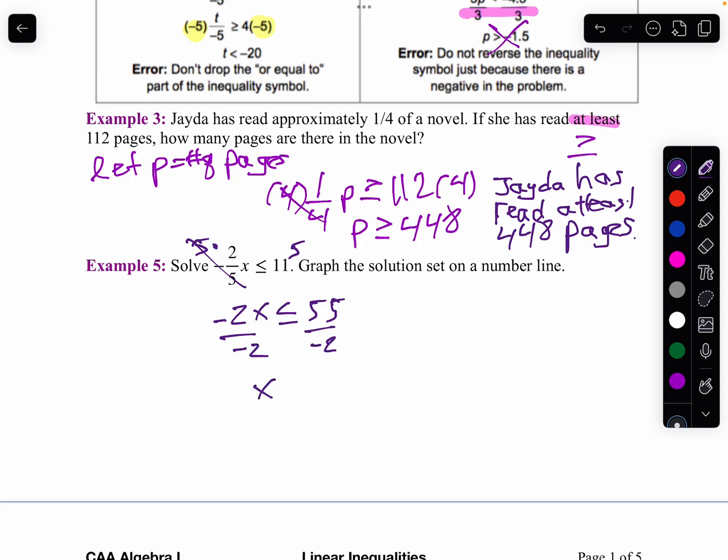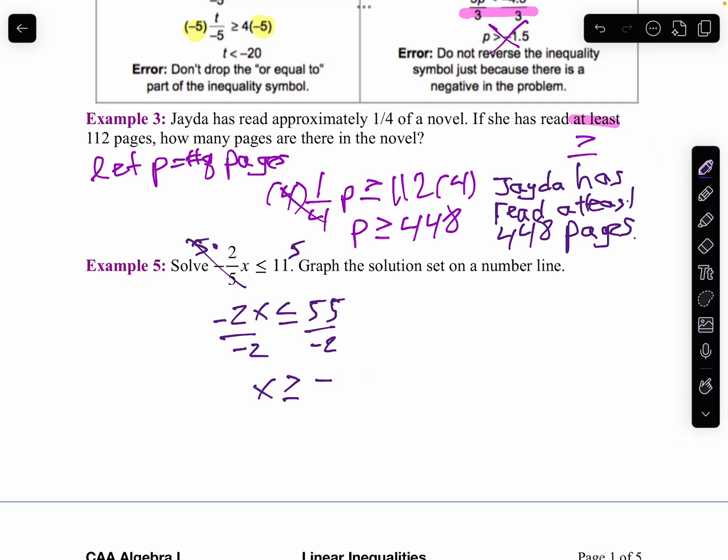So x, I'm going to flip it, and I'll get negative 27.5, or -55/2. Since we're doing this in the seminar, I'm going to write it as negative 55 over 2, because I want to graph this on the number line.